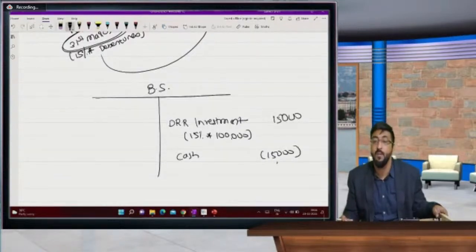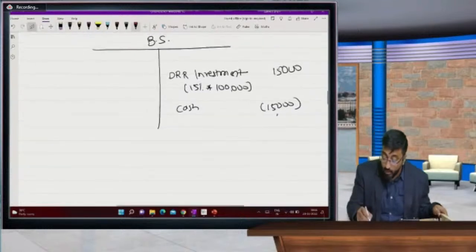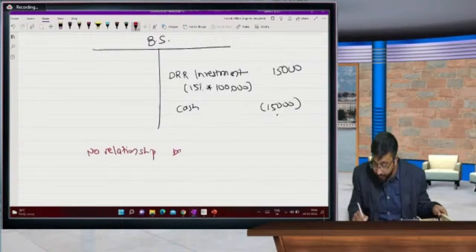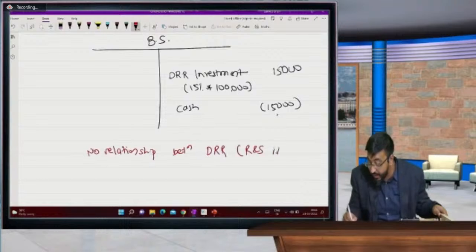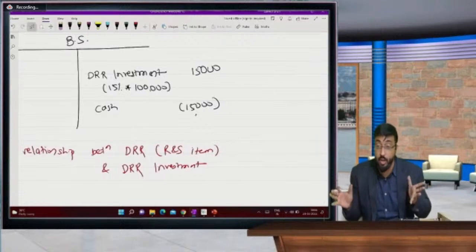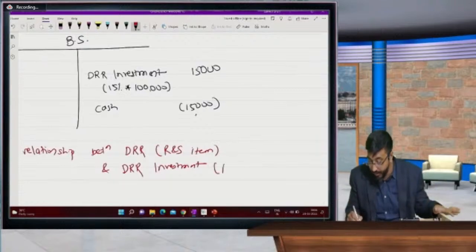So you have to invest. Therefore, there is no relationship between DRR, because DRR is resource and surplus item, and DRR investment. So many students are getting confused. So DRR means DRR. No beta, this is separate. It is asset, non-current investment.